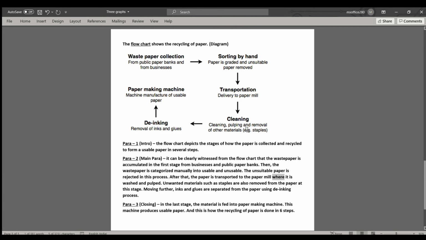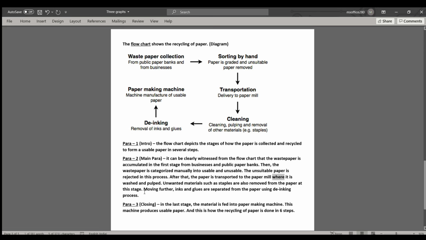So I've written where it is washed and pulped. Then unwanted materials, look, and removal of other materials, for example staples. So I've written unwanted materials such as staples are also removed from the paper at this stage.